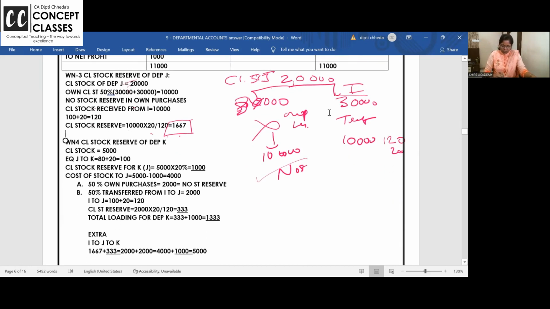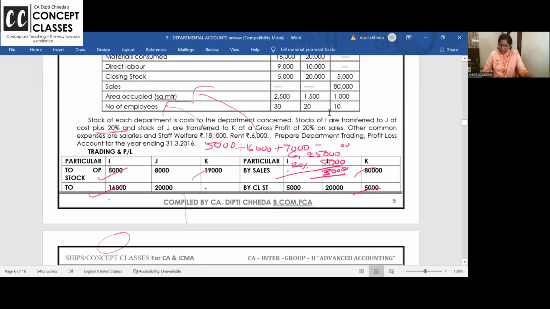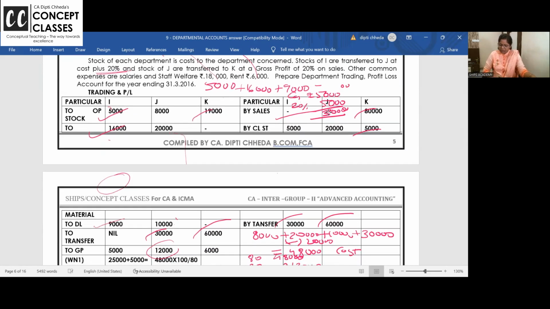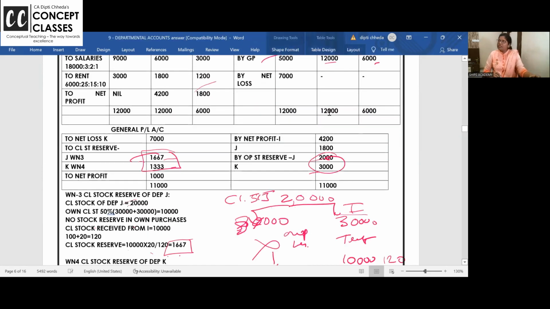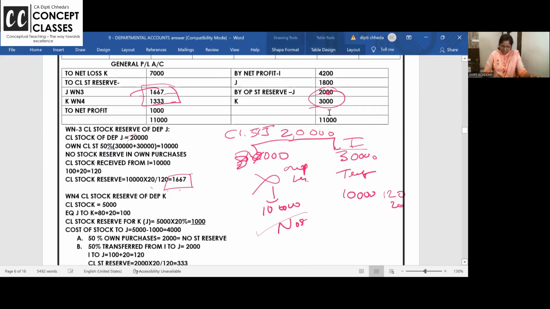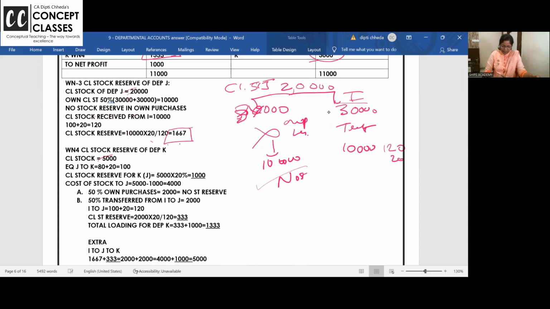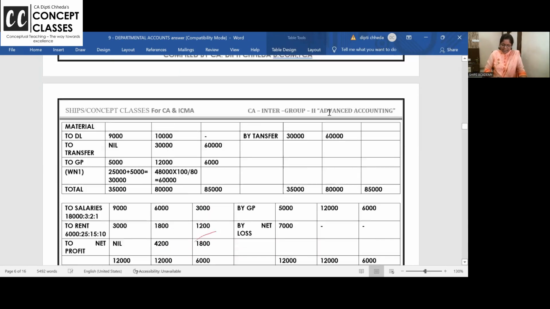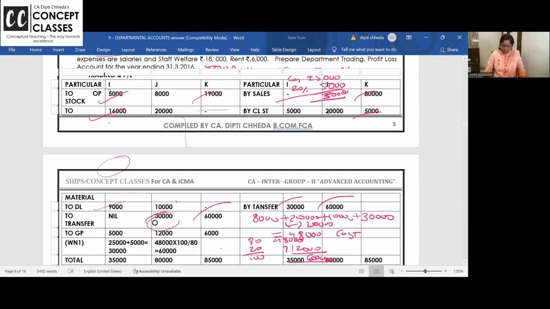K stock. K का closing stock देखो कितना है? 5,000. K's closing stock is 5,000. And J to K, how much is it coming? See, K is not having any of its own purchase. Dash है. K को पूरा J से आ रहा है and it is selling.